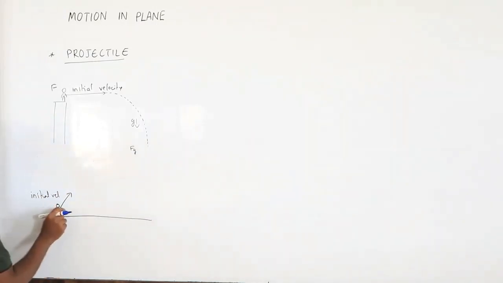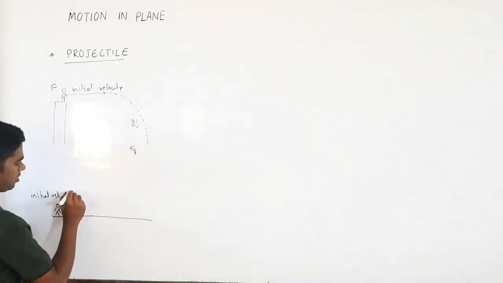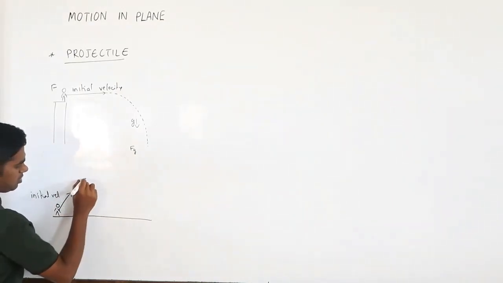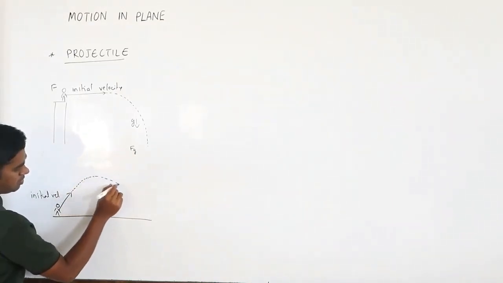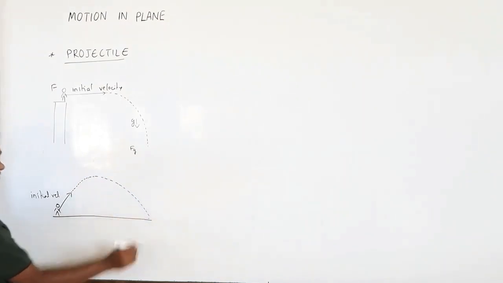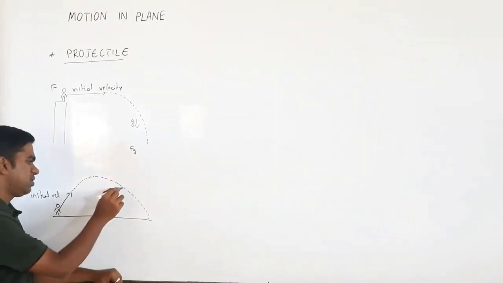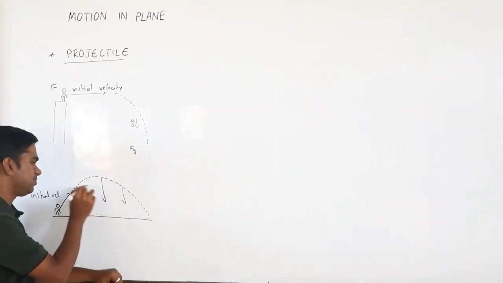No, you are giving velocity one time. So after that, what will happen? It starts moving. For some time it will move in the upward direction. Then it starts moving under gravity. Why is it coming downward? It is coming in the downward direction because of the action of gravitational force.